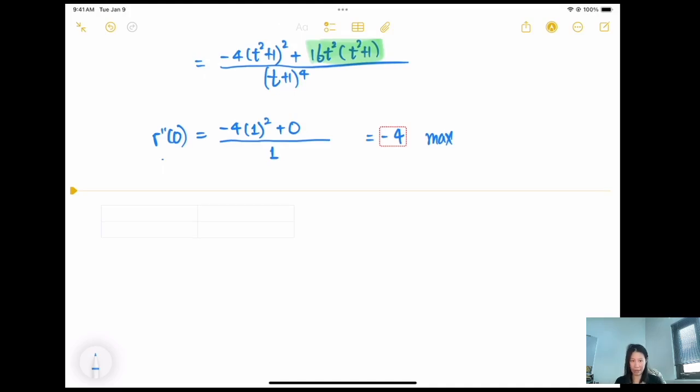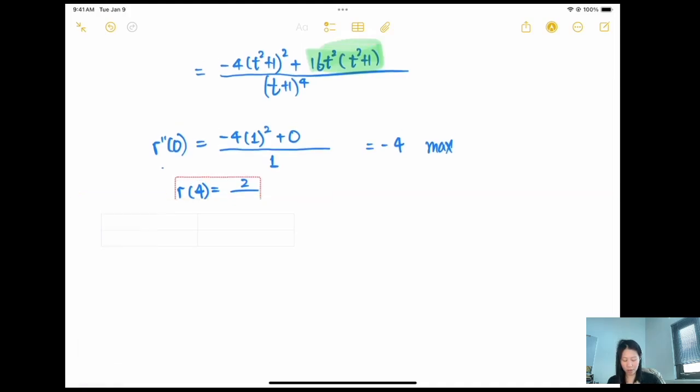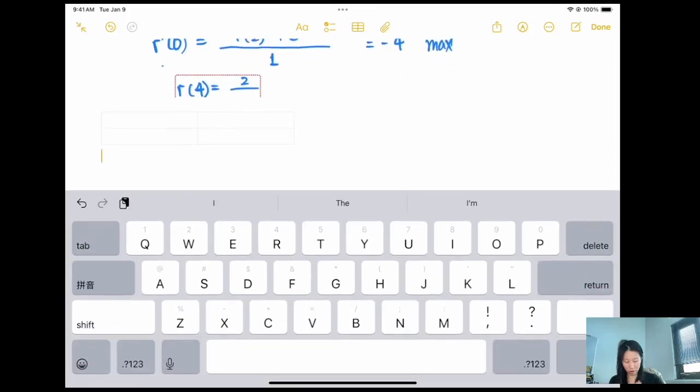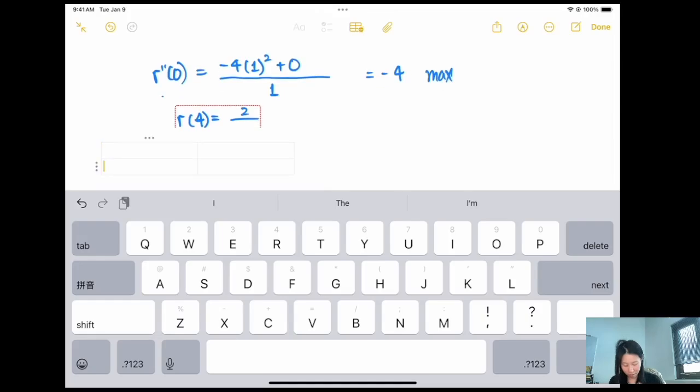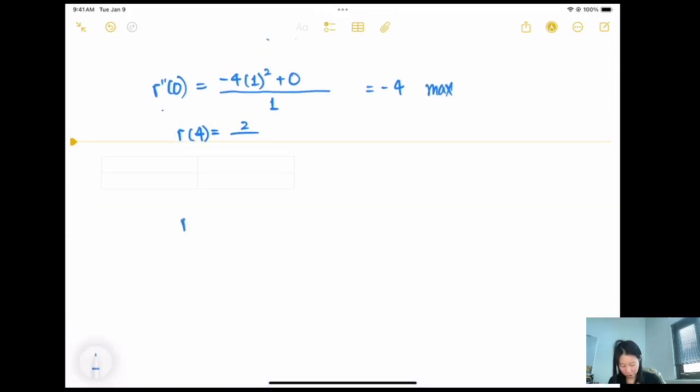Now we need to plug this back into the original function and calculate what's the maximum value. I have 2 over 0.